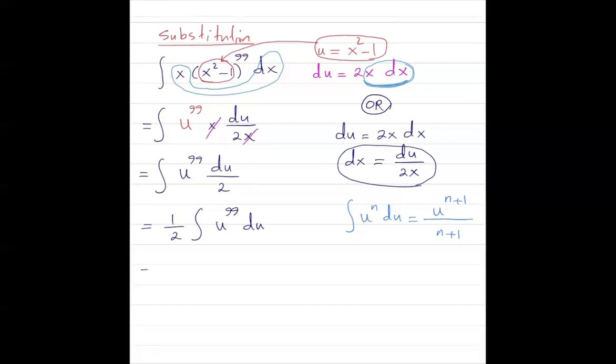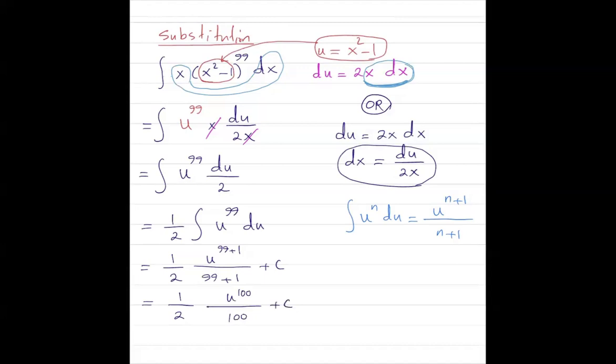This can be written as a half, and then the new exponent is 99 plus 1 divided by 99 plus 1 plus constant of integration. In turn, this integral is 1 divided by 2 times u to power 100 divided by 100 plus c.